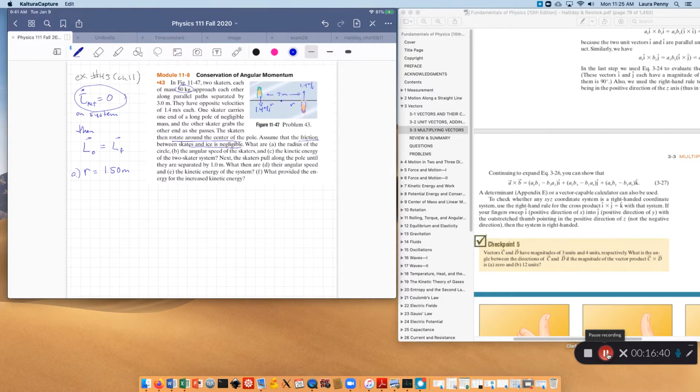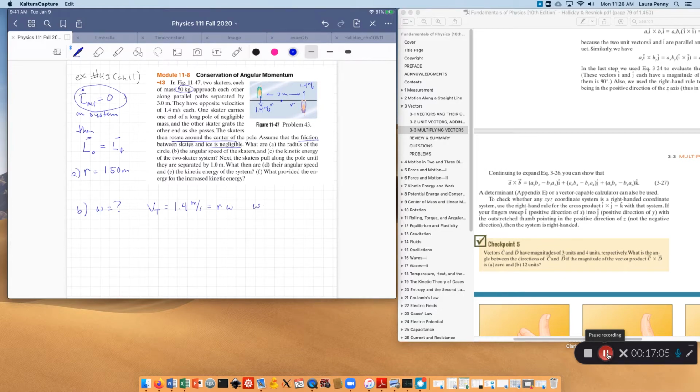What's the angular speed of the skaters? Well, I know that they were moving at 1.4 meters per second. Their tangential speed is 1.4 meters per second, and the tangential speed is r times omega.